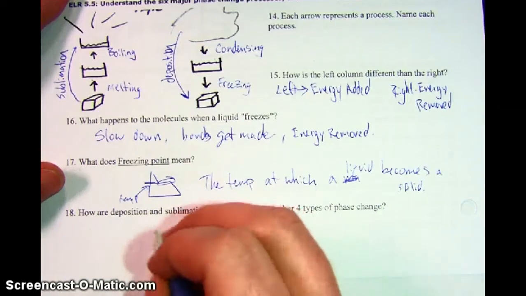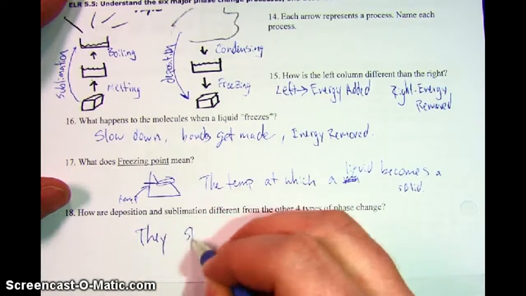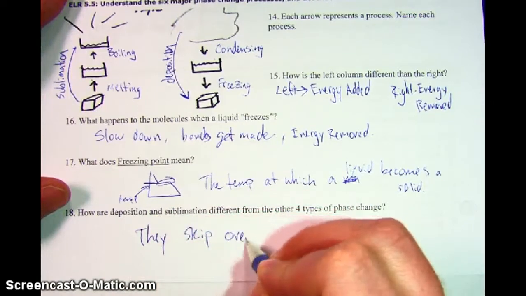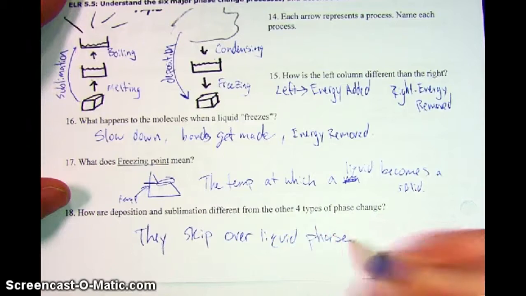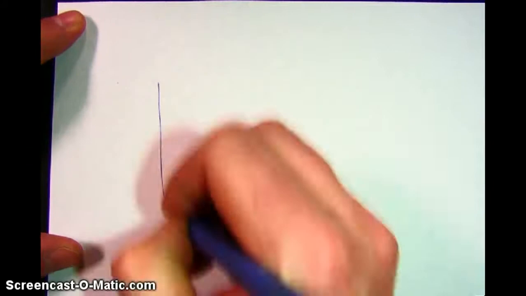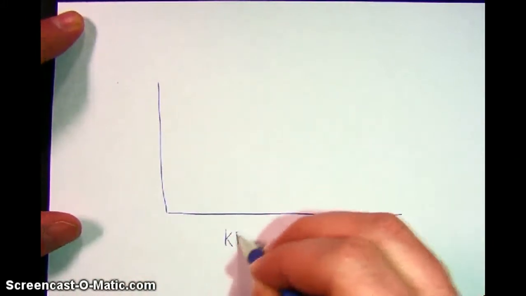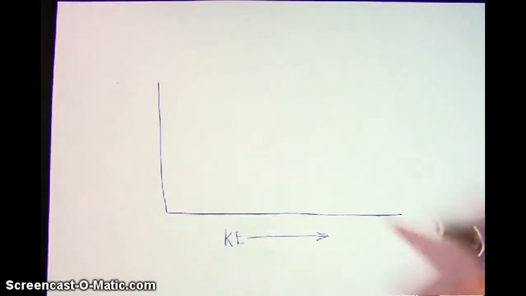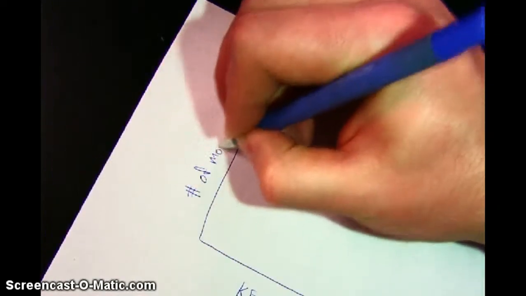The last one, how are deposition and sublimation different from the other four types? Well, in both of those cases, they skip right over the liquid phase. And the way that they do this, if you imagine a graph like this, and on the bottom is the kinetic energy, and then on this axis you put the number of molecules.